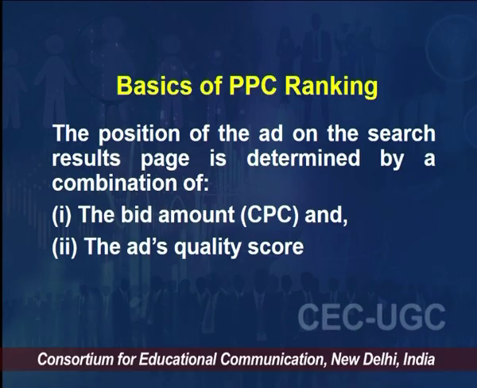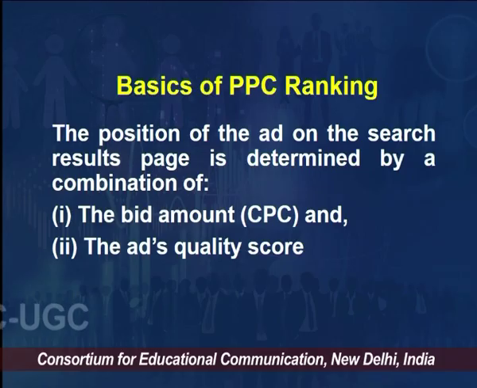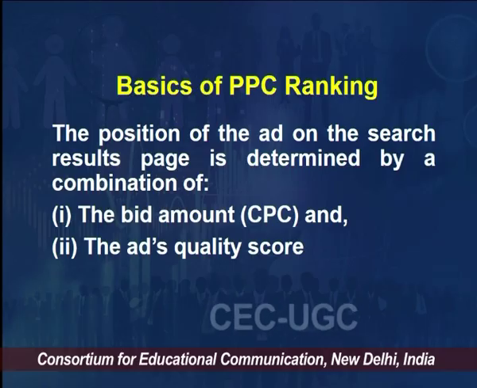Two things: a combination of the bid amount, that is the cost per click, CPC, and the ad quality score. When you talk about the bid amount, there can be a real bid that can be given. There is a complete bid strategy, and we will be talking about that bid strategy after a while.